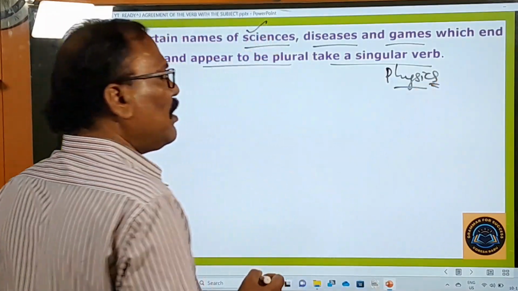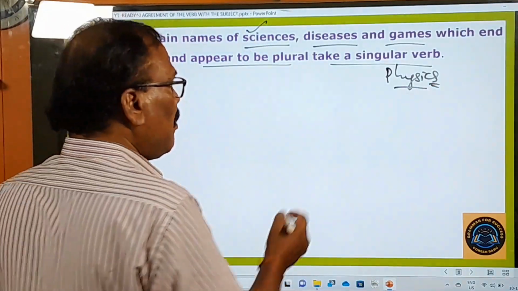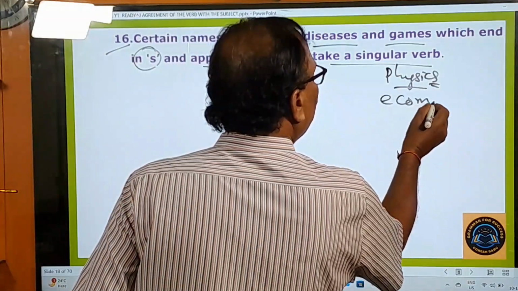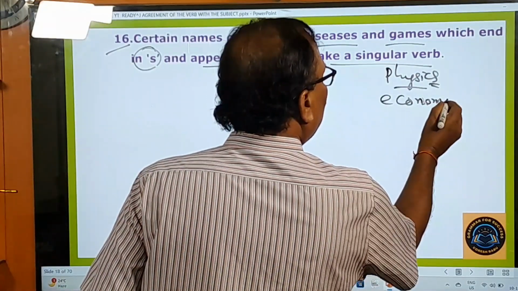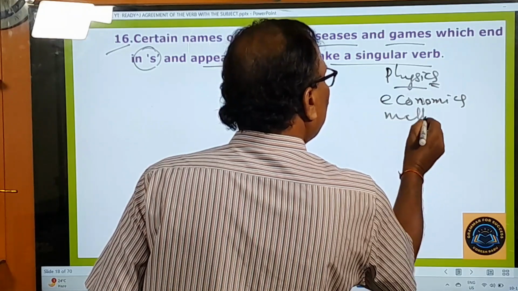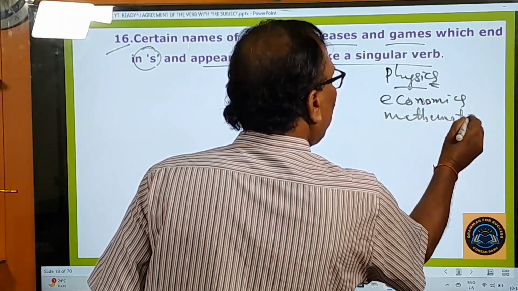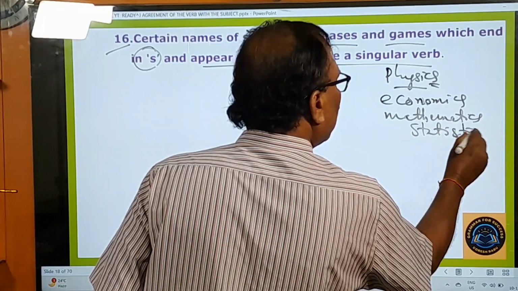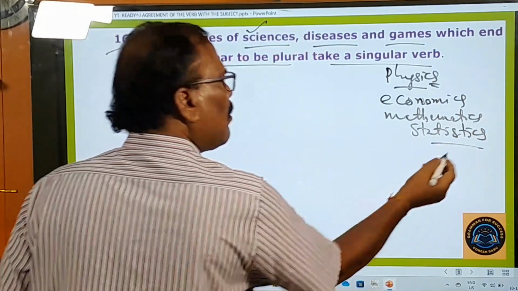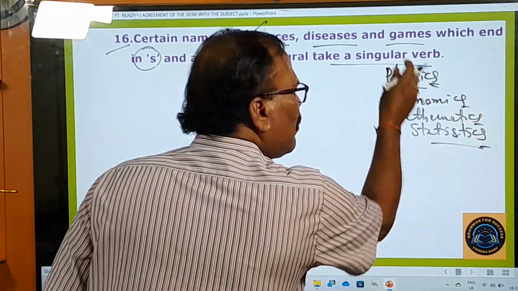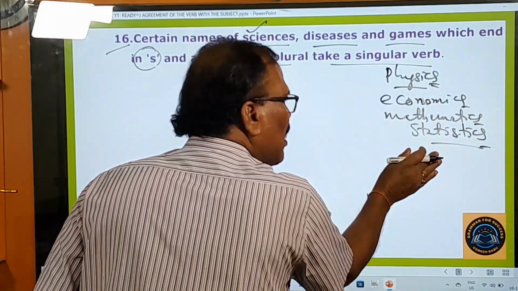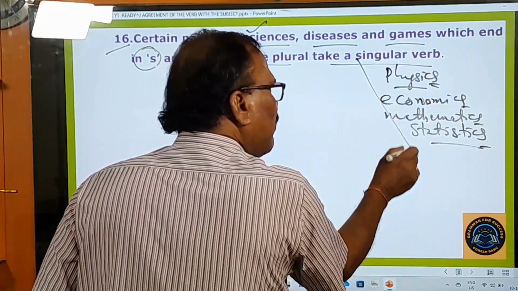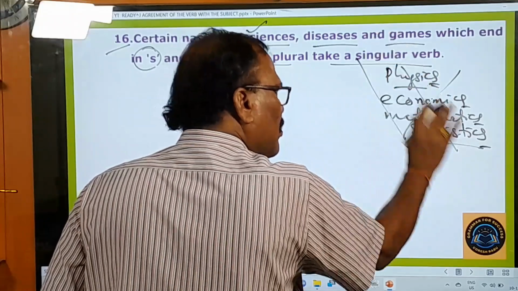That's why we may think it's a plural word. Similarly, economics is there. Mathematics is there. Statistics is there. These are all ending in s, but don't think they are plural words. They are only singular words. Don't get confused. They are all singular words.